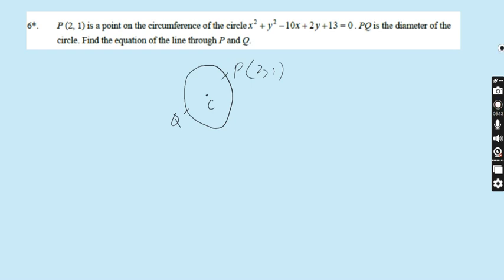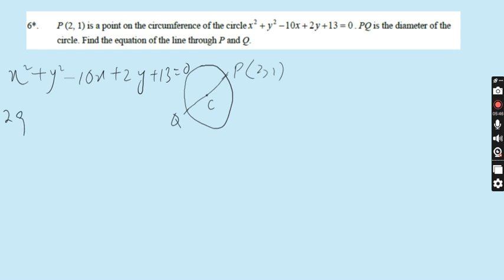So a line which passes through the center of the circle is the diameter. PQ is the diameter, which means PQ must pass through the center. So if I find the center of the circle, this is the general form equation of a circle.